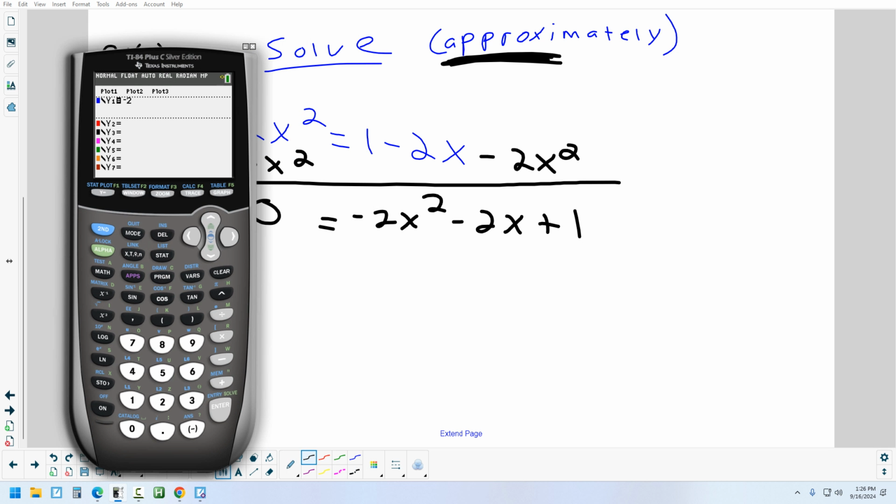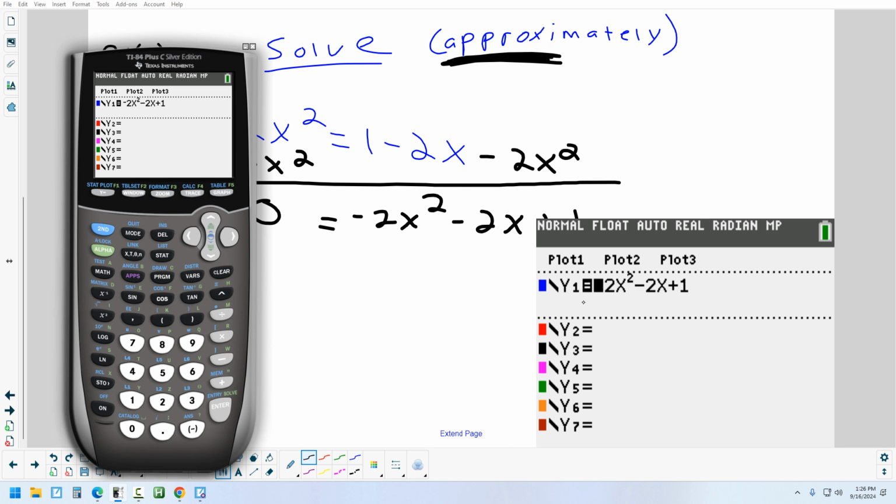So negative 2x squared minus 2x plus 1. Do zoom 6. It looks like it crosses twice. You got an error? Did you type in negative 2x squared minus 2x plus 1, and use the right key for the negative symbol?